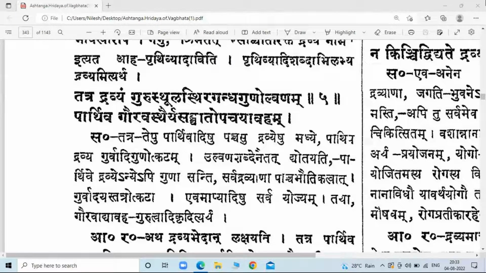As far as a far away object is concerned, it has a relative paratvam. Similarly, something which is close by or nearby has a relative aparatvam.